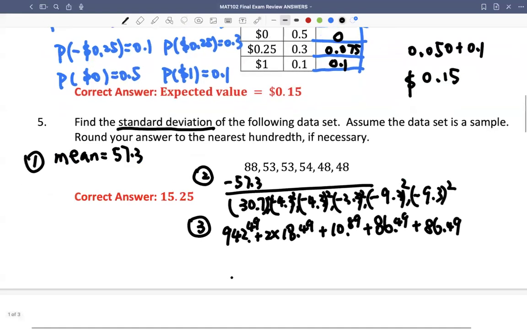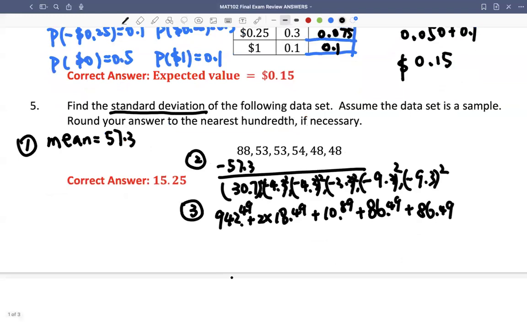So let's remember this. The second step is to find the difference. The third step is to square. Then the fourth step is to add them all up.